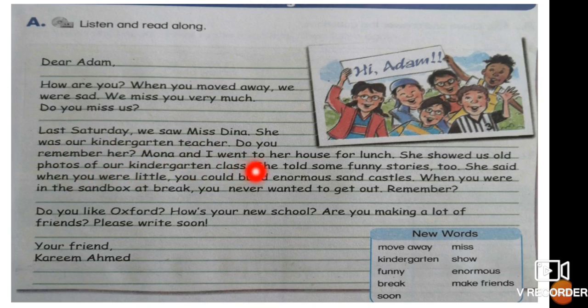Mona and I went to her house for lunch. She showed us old photos of our kindergarten class. She told us funny stories too. She said, when you were little, you could build enormous sand castles. And when you were in the sandbox at break, you never wanted to get out. Remember?